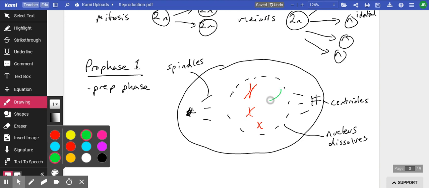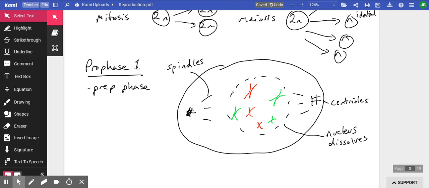And then we'll use green for the chromosome from the mom. So notice that we have 2 versions of chromosome 1, the red one and the green one that are both large, 2 versions of chromosome 2, which are the medium size, and 2 versions of chromosome 3, which are the small size chromosomes.